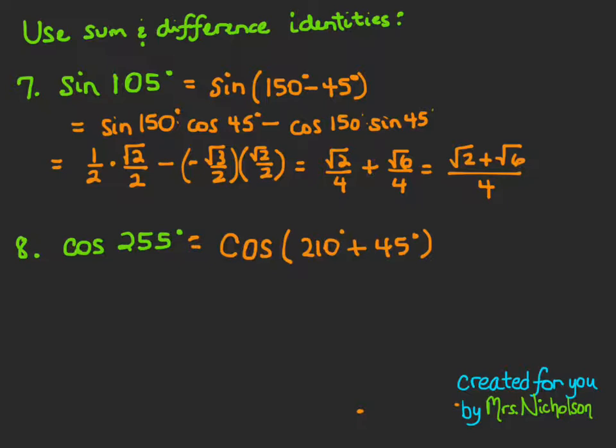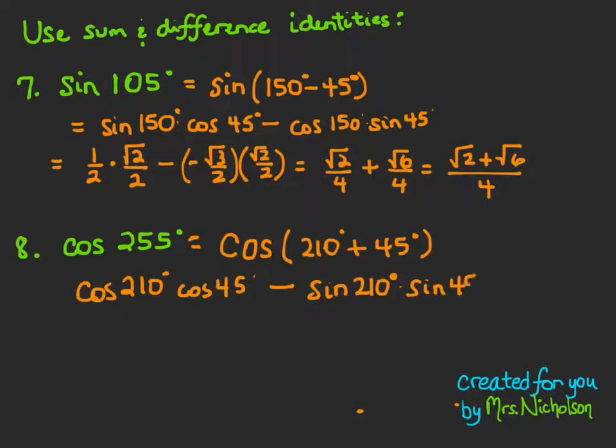All right, now the cosine sum and difference identities are a little bit different than the identities for sine. This is going to be equal to cosine of 210 degrees times cosine of 45 degrees minus sine of 210 degrees times sine of 45 degrees.